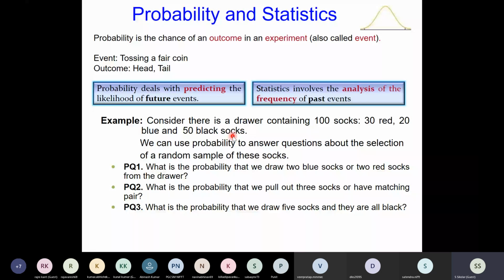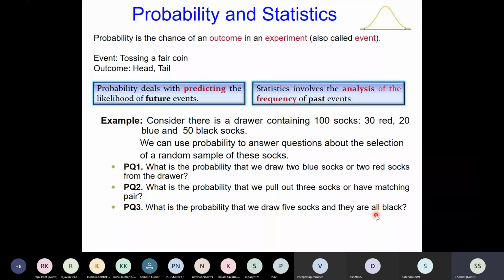I pick up only two socks, and both of them are blue, or both are red. Or if I have three socks having a matching pair, what is the probability that we draw five socks and all of them are black? So that can be a lot of permutations and combinations.